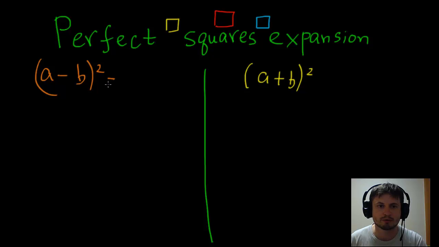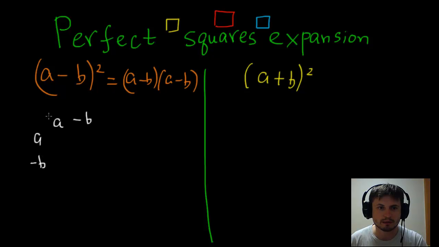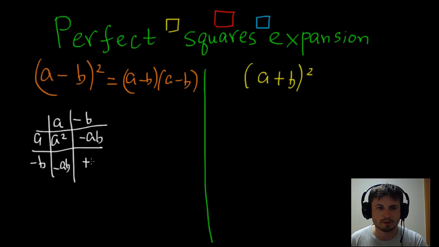So this can also be written as a minus b times a minus b, and this is where we have to FOIL this. And in one of the previous videos I showed you how to do this with a table. So if you put a and negative b here, and then you put a and negative b here, what you're going to get is a squared, minus ab, minus ab, plus b squared.